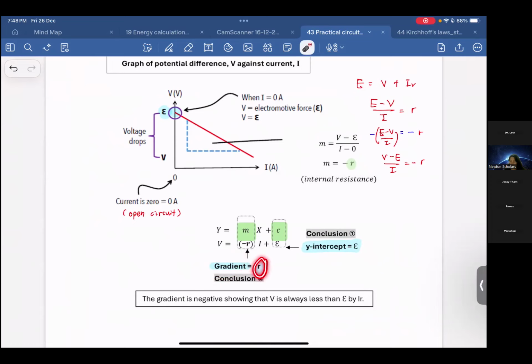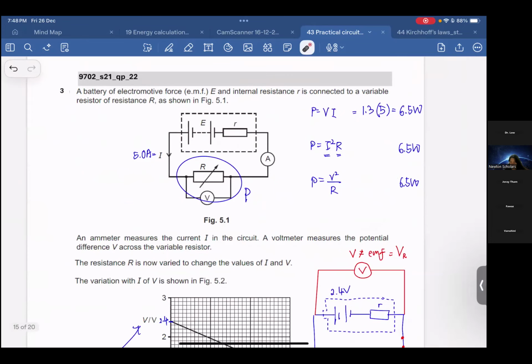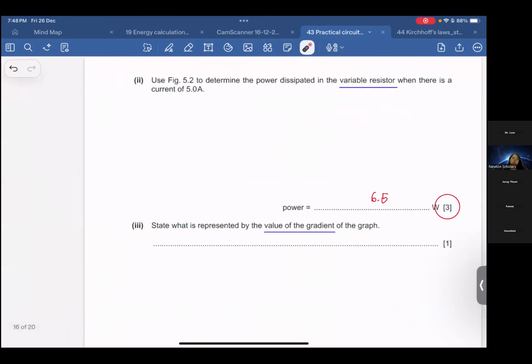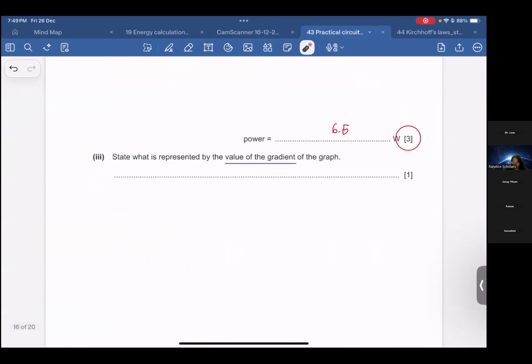So the value is actually negative internal resistance. You cannot write resistance only, because we have two resistors here, this one and this one. Which one do you want to mention? We are mentioning the internal resistance. The gradient is negative internal resistance.